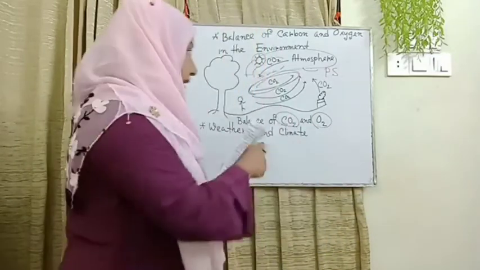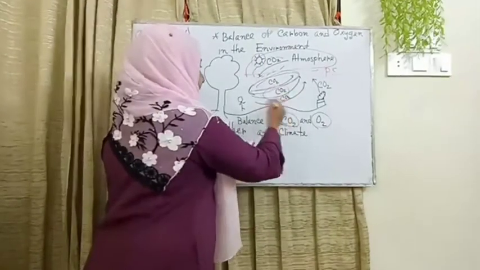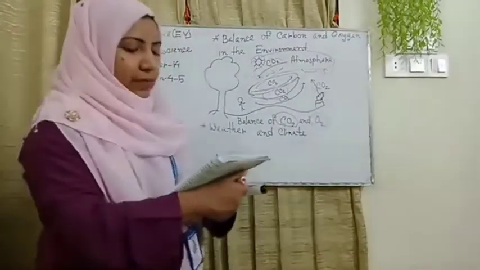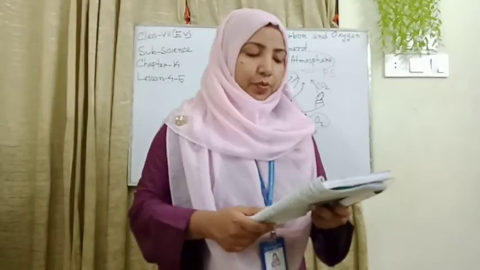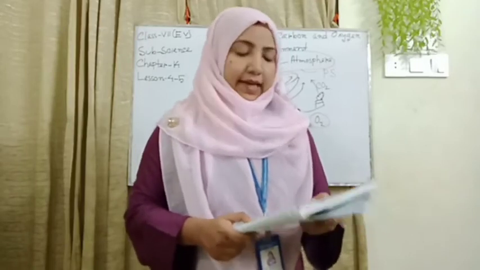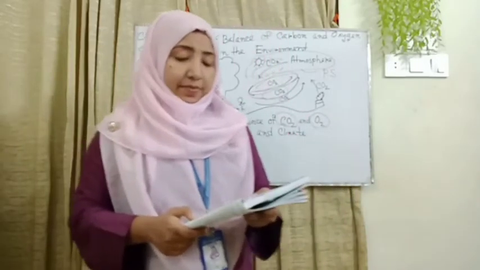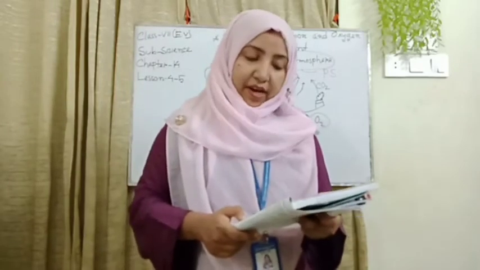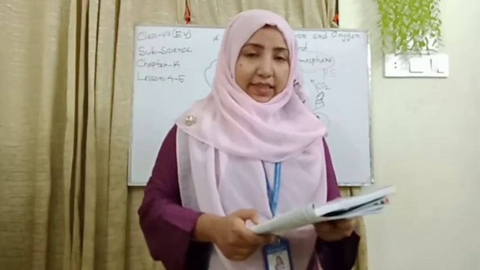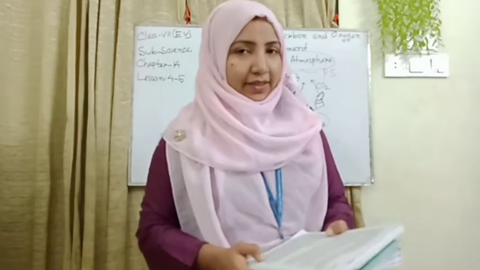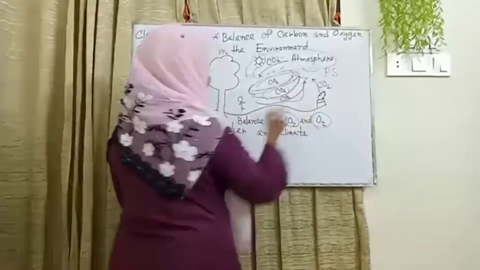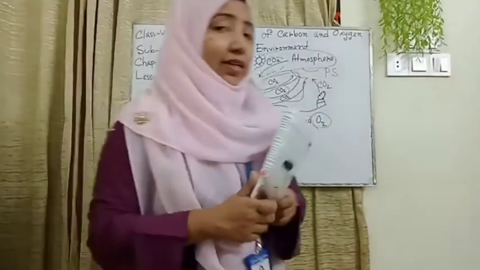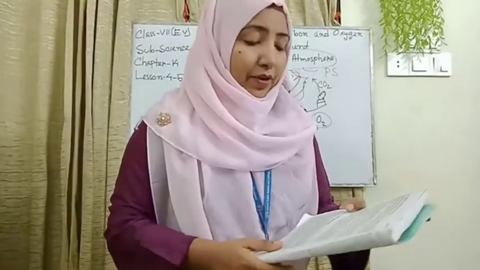Secondly, when whole plants and animals are burnt, carbon dioxide is produced and mixed up with the atmosphere. Thirdly, when plant and animal bodies are decomposed by bacteria and fungi in the soil, they release carbon dioxide.